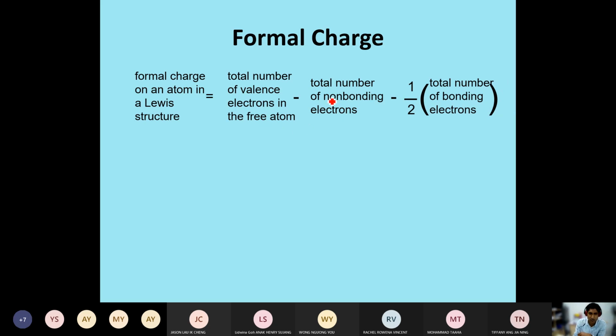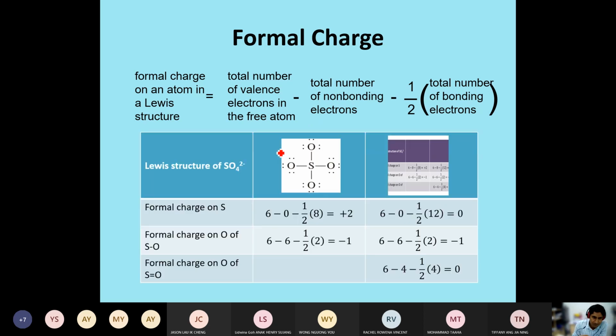Each bond has 2 electrons, so for however many bonds it has, half of that we have to subtract from the total number of valence electrons. Then we will find the formal charges.